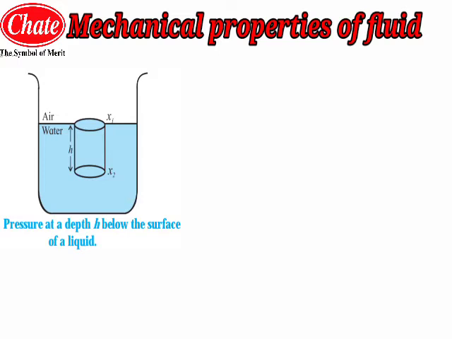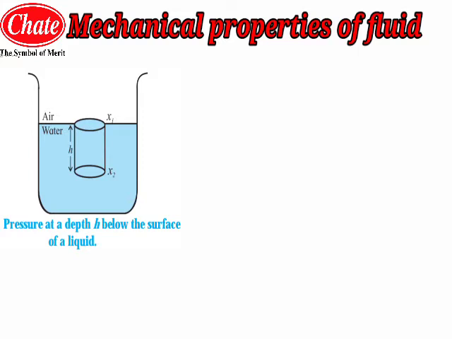Now after that, let x1 be the level at the surface, and let x2 be some point at depth h, as you can see in the diagram. x1 lies over the surface of the water, and x2 is at some depth h from the surface of the water, from the top surface of that imaginary cylinder.